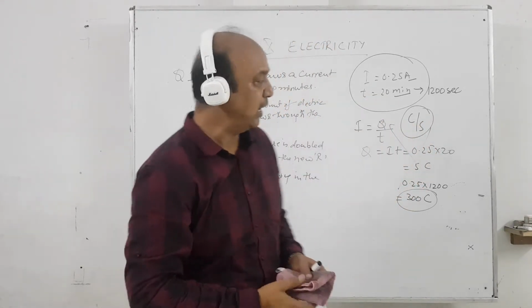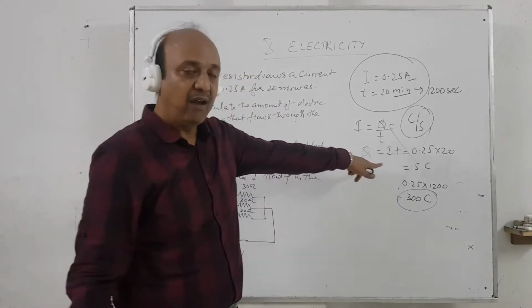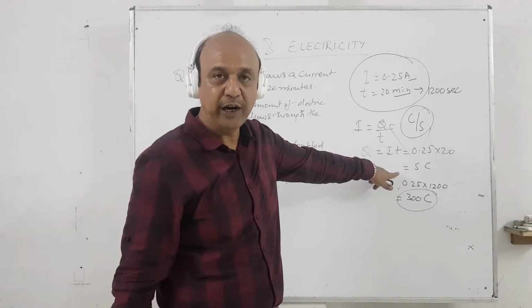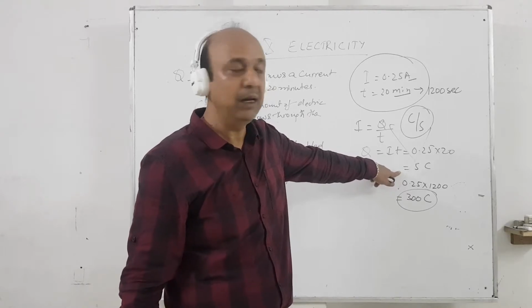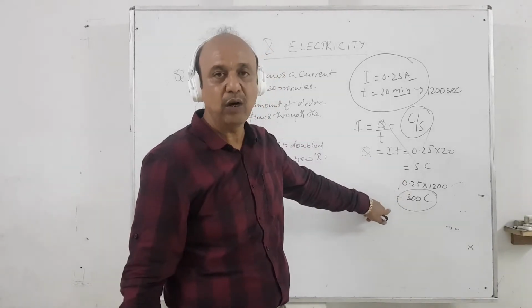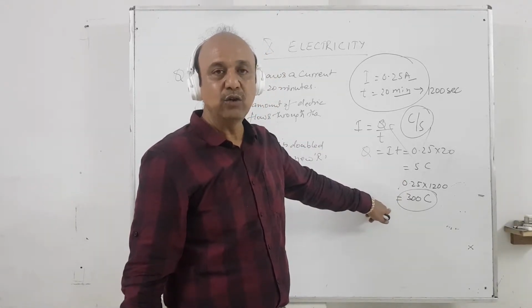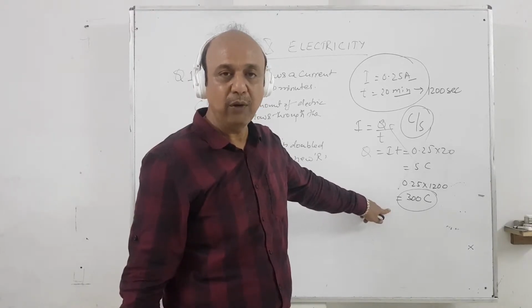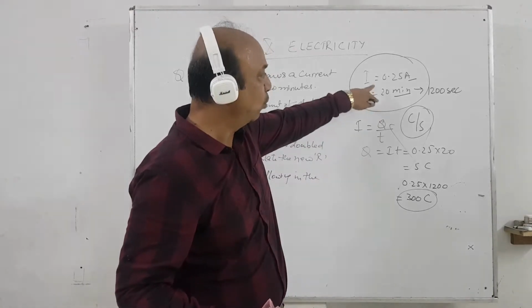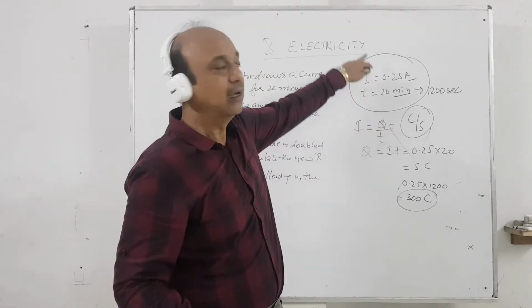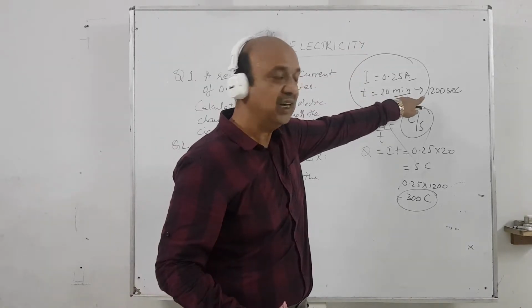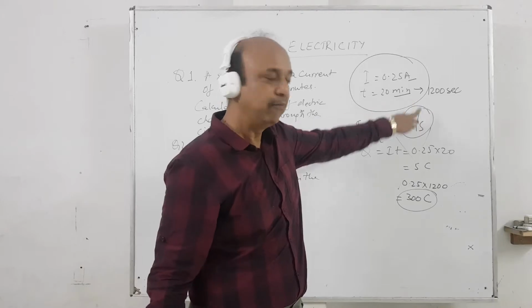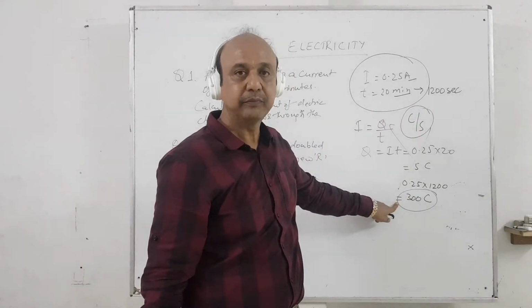So, be very careful. If we are overconfident, the answer definitely will be 5 coulombs, not 300 coulombs. So to avoid that, you have to read the question very carefully, write down the given, and correct it here itself so that there is no mistake.